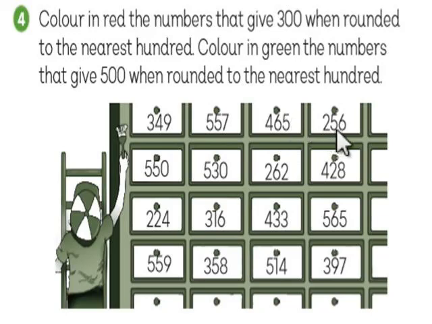And 256, when we round to the nearest 100, is it 300? Yes. So we will color red. So remember, 349 is 300, we color red. And 465 is 500, we color green. And 256, when we round, it is 300, we color red.